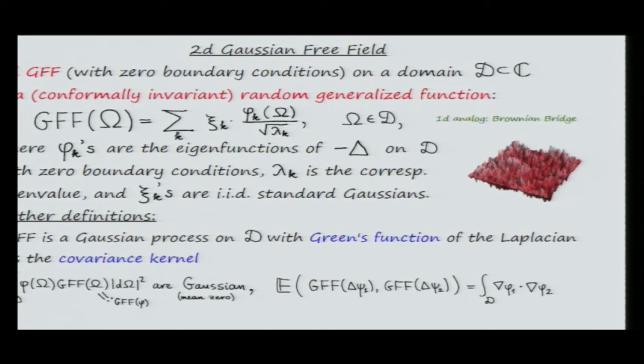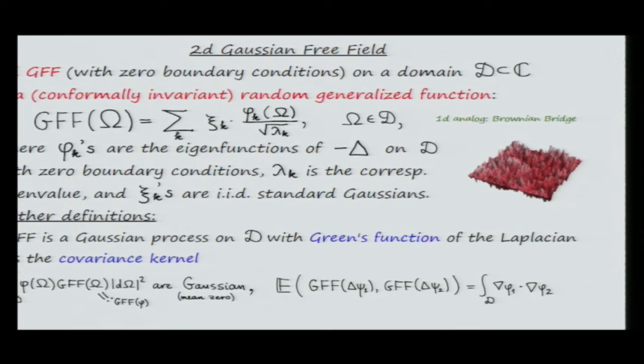These are the independent standard Gaussians. At every point of the domain, this series diverges, so the value at the point is not really defined. But if you smooth it out against anything, even against a measure concentrated on a curve, then this would be a well-defined normal random variable.